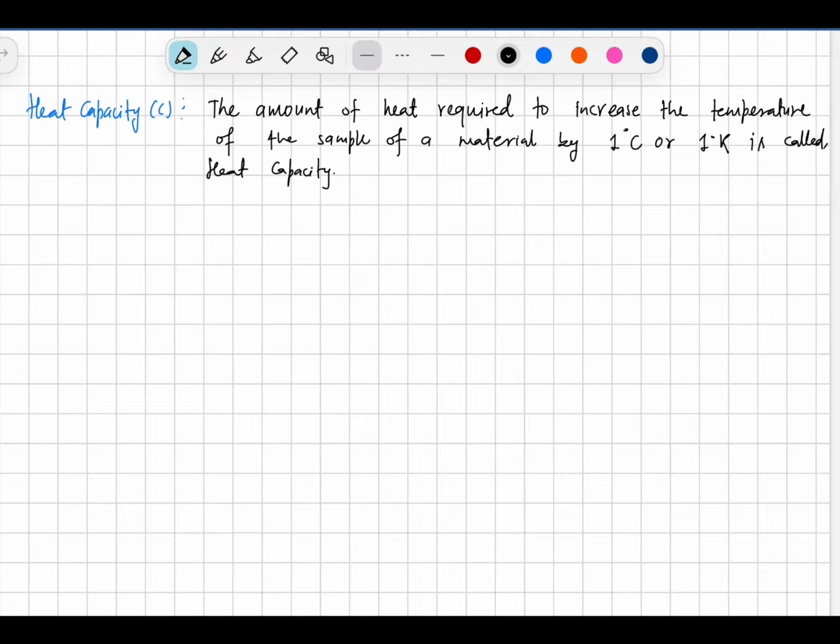And its unit is, of course, you can guess, calorie per Kelvin or calorie per degree Celsius. The formula you can write like C equals dq by dt or delta q by delta t.